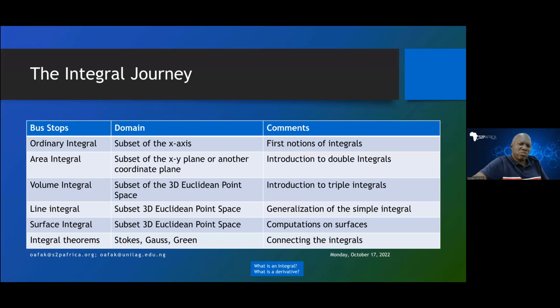That introduces you to double integrals. The next thing was a volume integral, when your domain was a subset of the 3-dimensional Euclidean point space, which introduced us to triple integrals. There we could use Cartesian coordinates, spherical polar coordinates, cylindrical polar coordinates, or any other coordinate system that may suit our fancy.